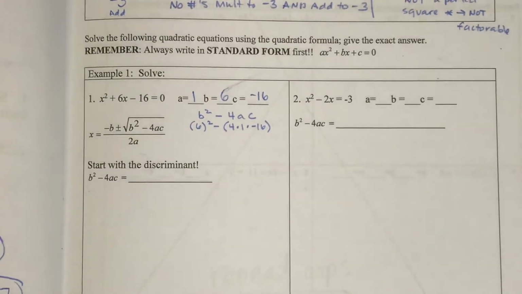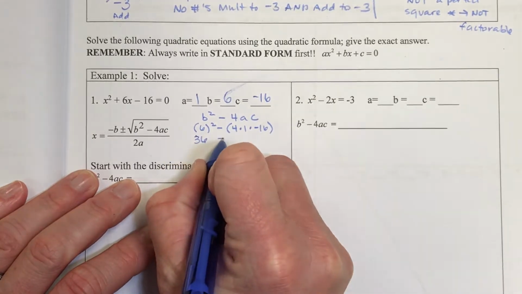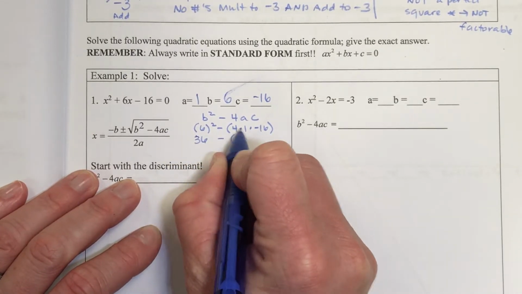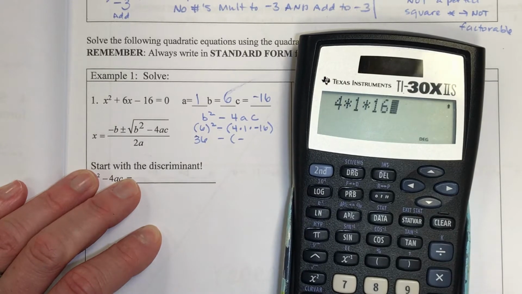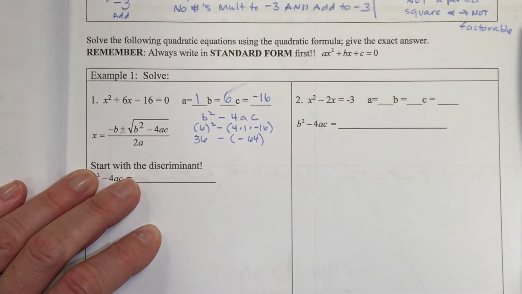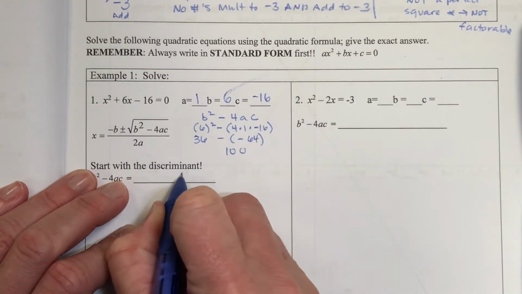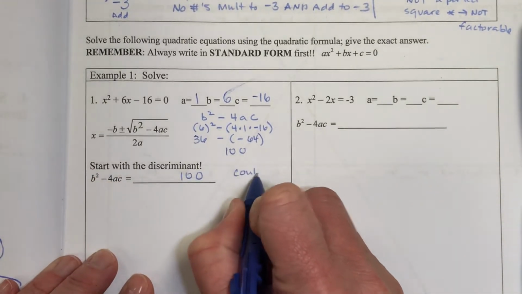Let me grab my calculator here. 6 squared is 36. We're going to be subtracting a negative because this is a negative symbol here. So 4 times 1 times 16, 64. And when I add those together, I get 100, which tells me that I could factor.